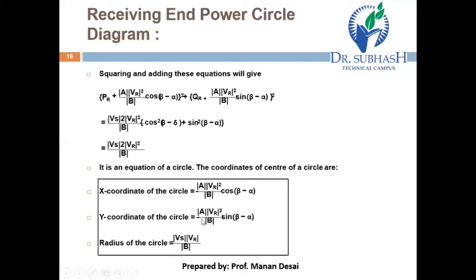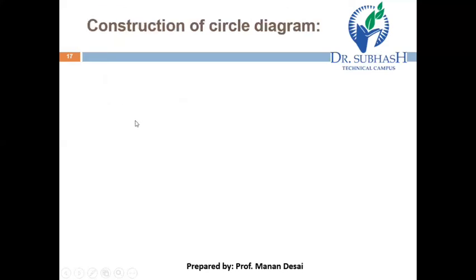After squaring, AVR square by B cos(beta minus alpha) is our x coordinate, AVR square by B sin(beta minus alpha) is our y coordinate, and VS VR by B is our radius of the circle.